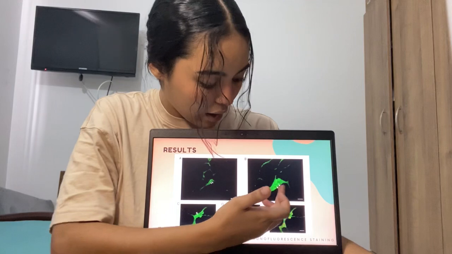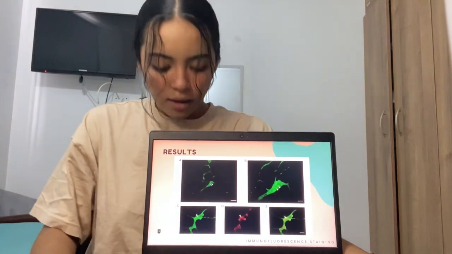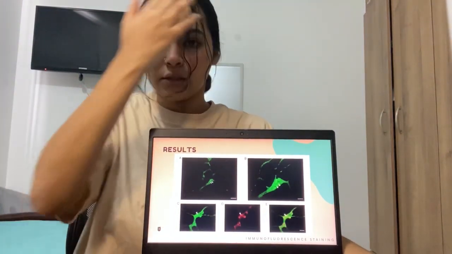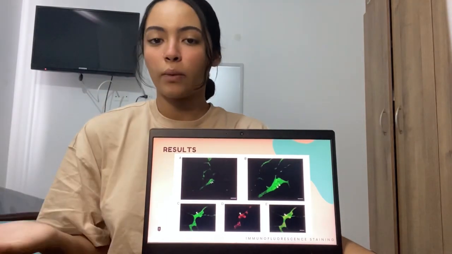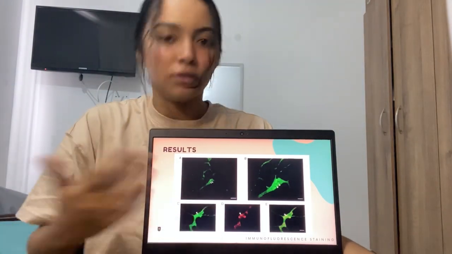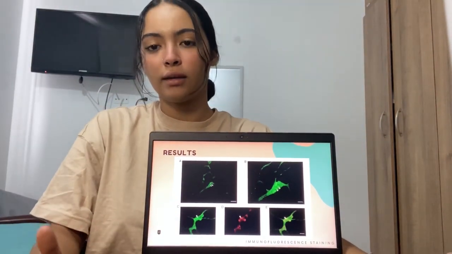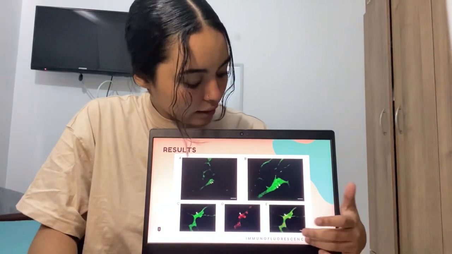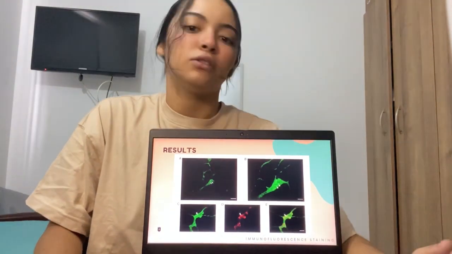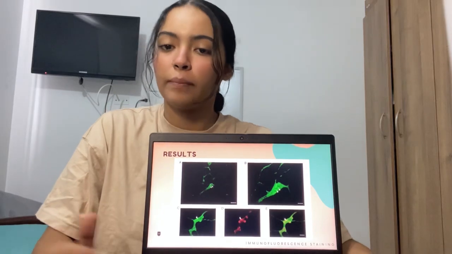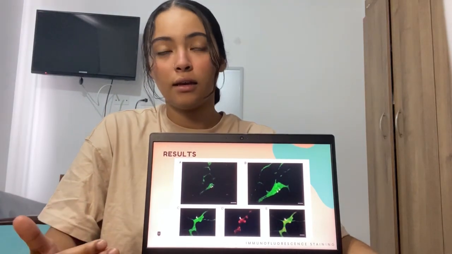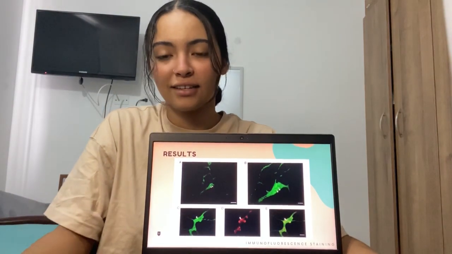That is what the arrows are showing us. The next one, C, is showing us the same P2Y1 staining, and D is showing us the NeuN staining. Finally, image E is showing us the colocalization of the P2Y1 and NeuN cells.